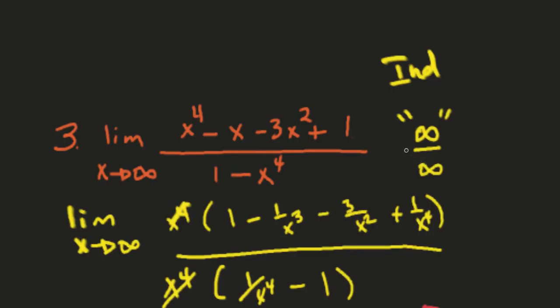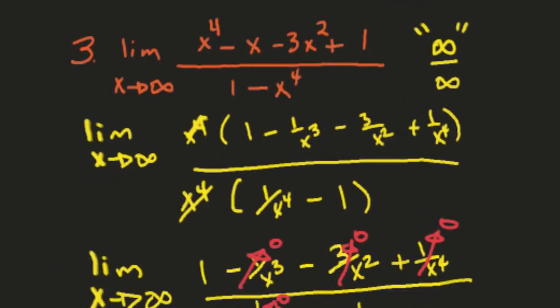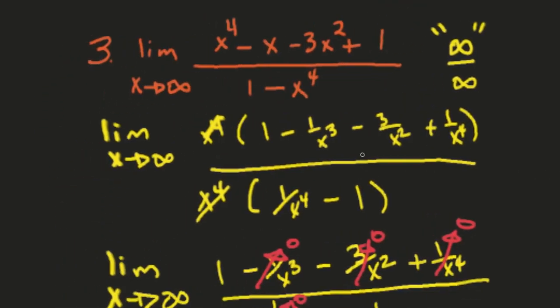Don't put equal signs. Some professors don't like equal signs because it doesn't actually equal that. They approach infinity and infinity at different rates, so that's why they're indeterminate. You can't just cancel them out, okay? So if you factor out the x to the fourth, I skipped the step of writing that over factor. You can do that and check your own work.